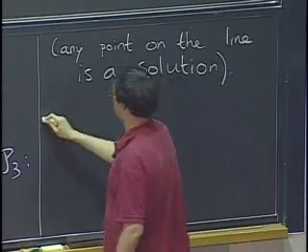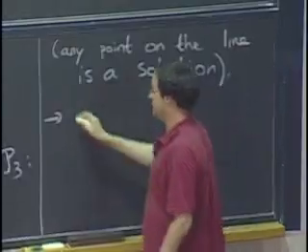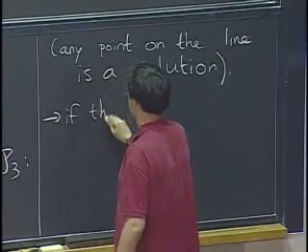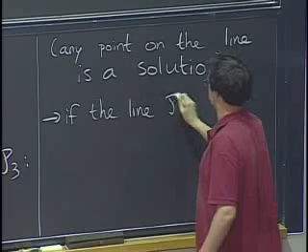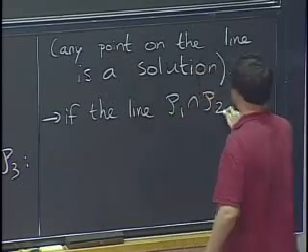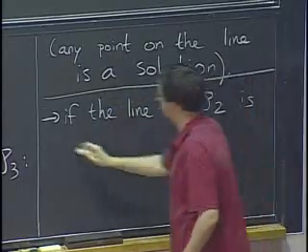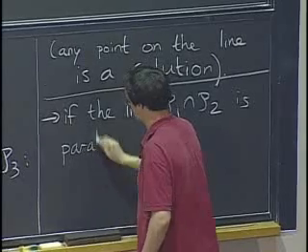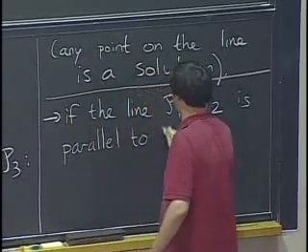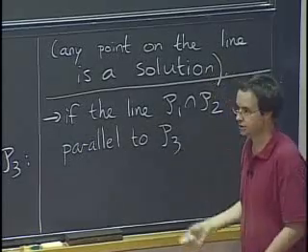Now, the other possibility, the other subcase, is if the line of intersection of P1 and P2 is parallel to P3 and not contained in it.